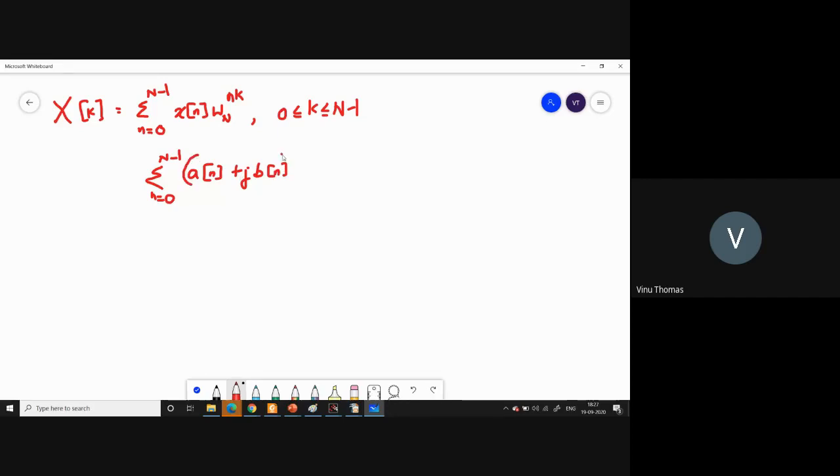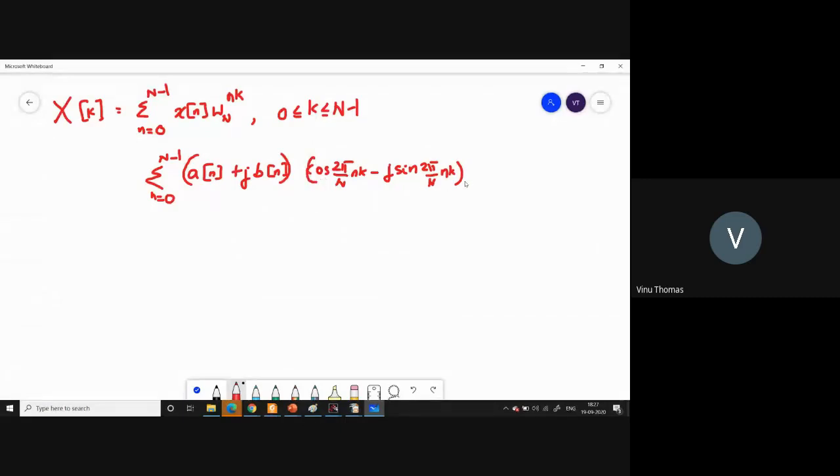Multiplied by Wn, which is cos 2 pi by n nk minus j sine 2 pi by n into nk, using De Moivre's theorem.